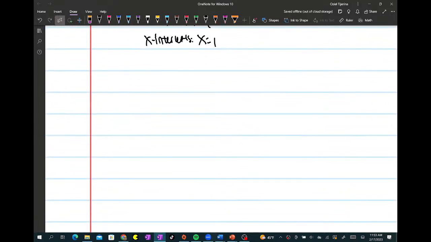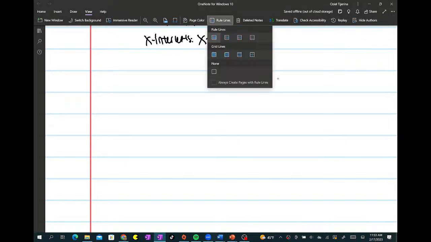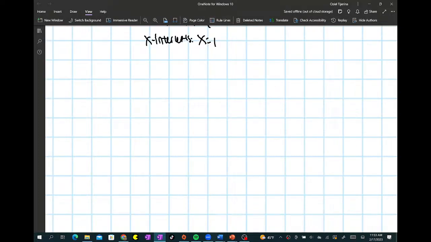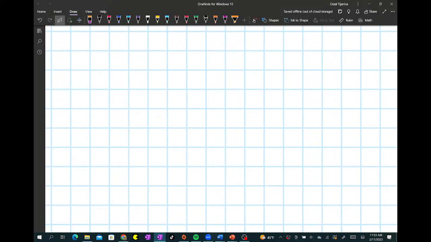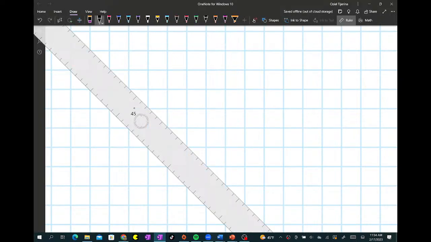So when I draw my number line, and let me just kind of change the view here, I end up with something like this.